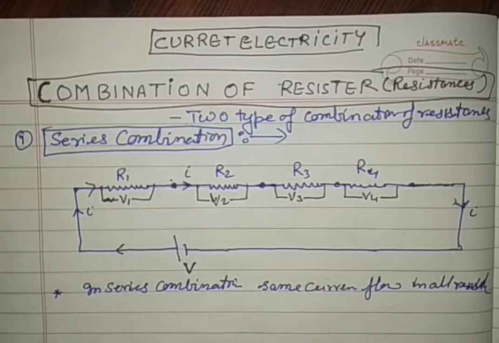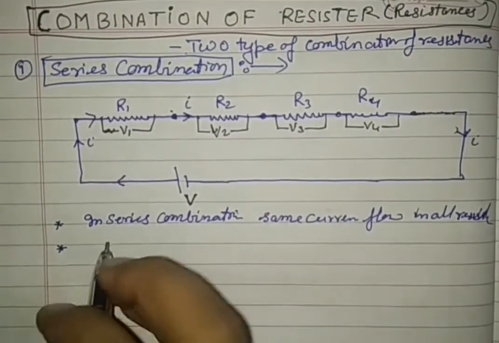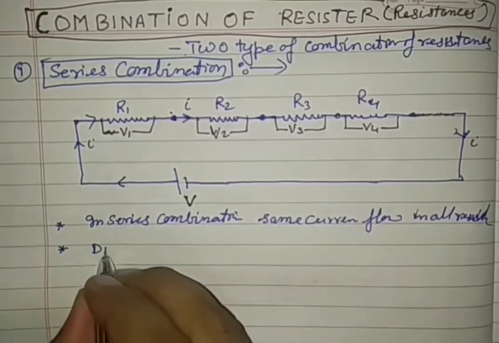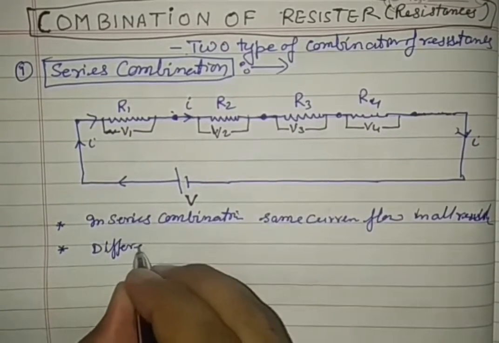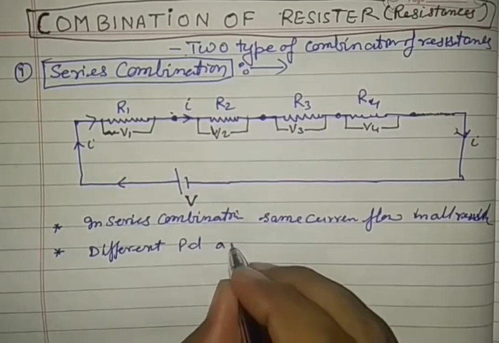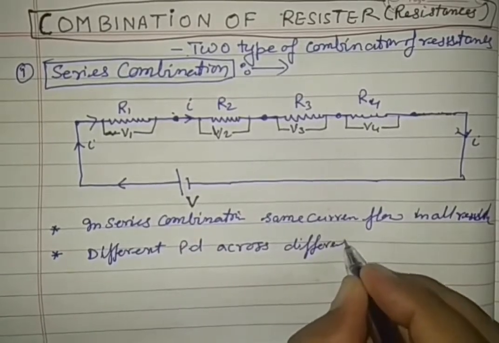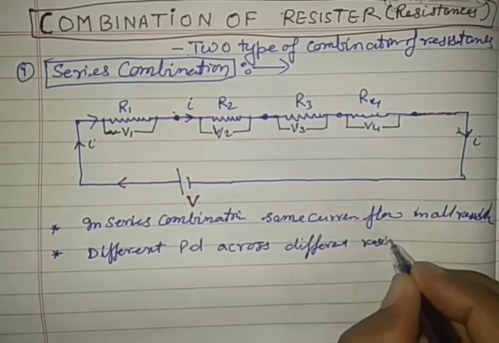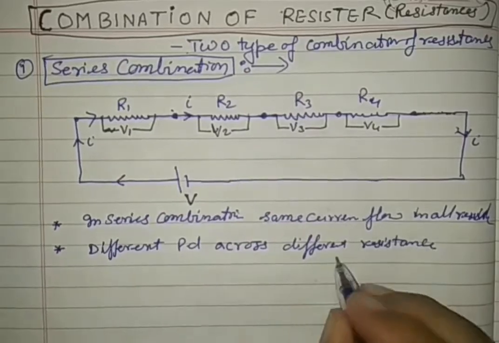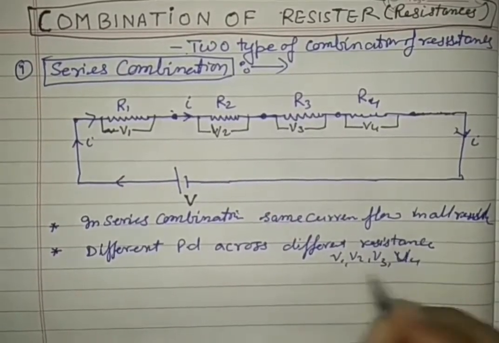The second thing is much more important: there are different potential differences across different resistances, that is V1, V2, V3 and V4.